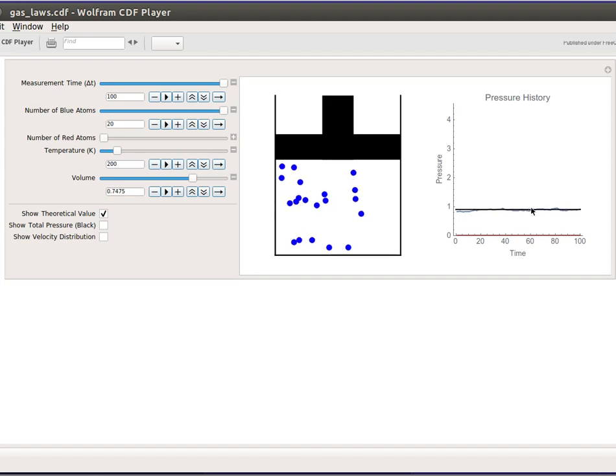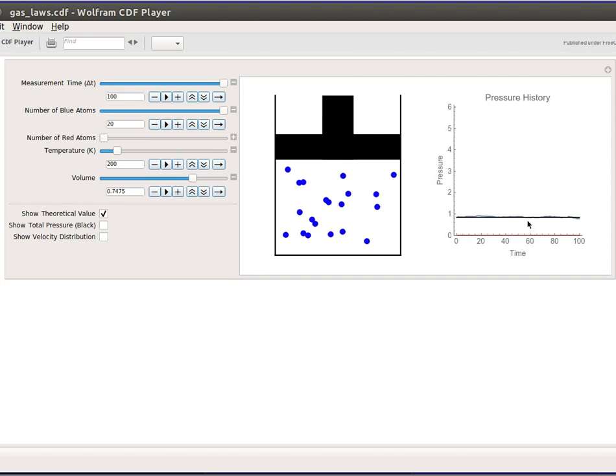It's going to be very close to that theoretical value that would be predicted by a simple PV equals nRT type model. Okay, so PV equals nRT is here in black, and we can see once we're averaging over all those little tiny atomic events, then we start to approach that ideal gas value very nicely.